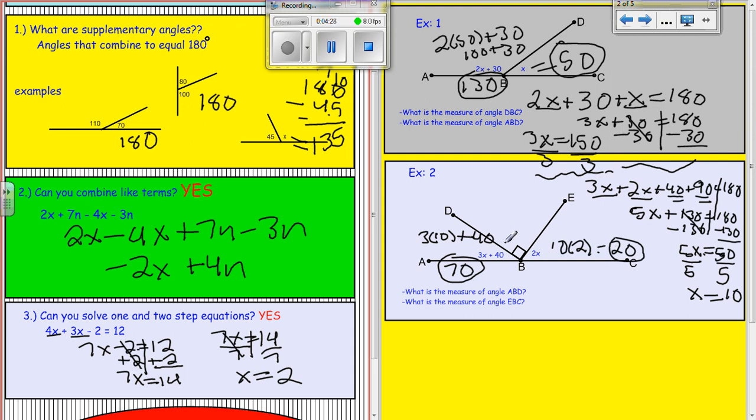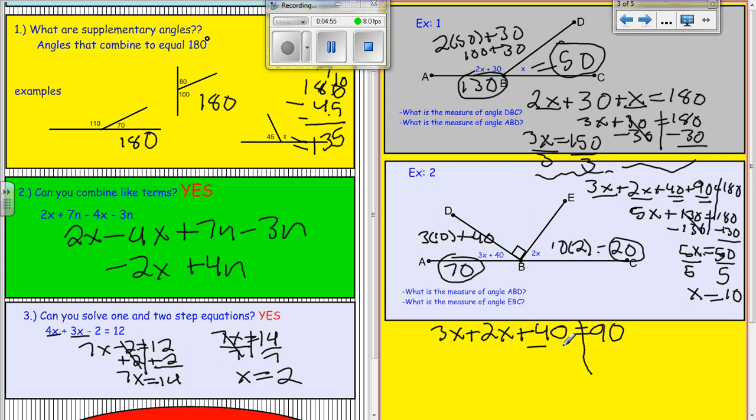Now another way you can do it, you know this is 90 degrees. Well, this also has to be 90 degrees. Notice that we did that right there. So I could do it like we did on the last video, because I know that's 90. I could say 3x plus 2x plus 40 equals 90. Alright, we're going to get the exact same thing.